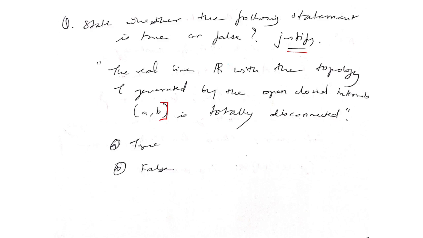So the statement goes like this: take the real line R with this topology tau generated by these open closed intervals. Is it totally disconnected, true or false? Okay, so you are saying true. Can you justify it?